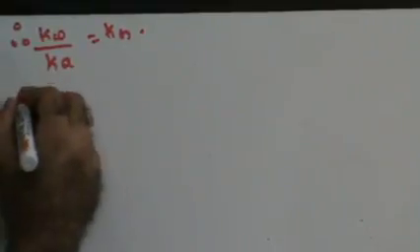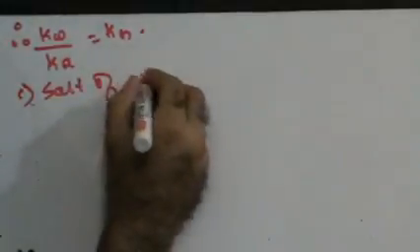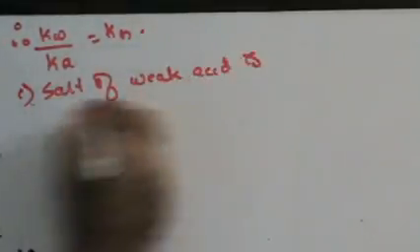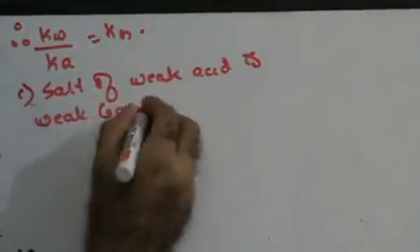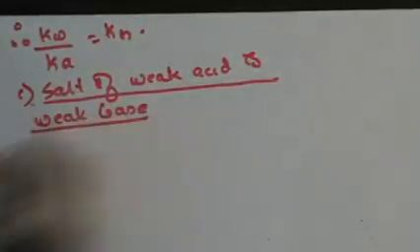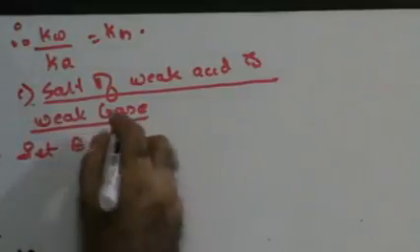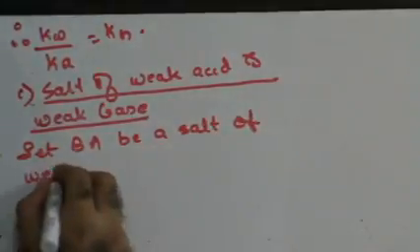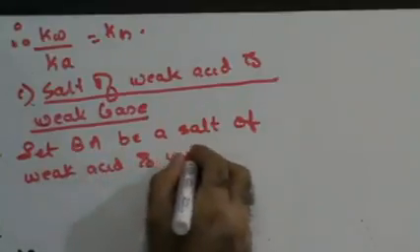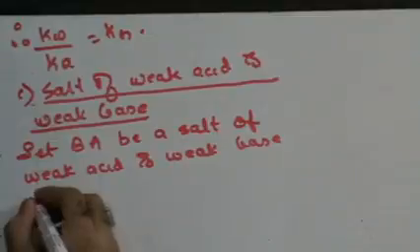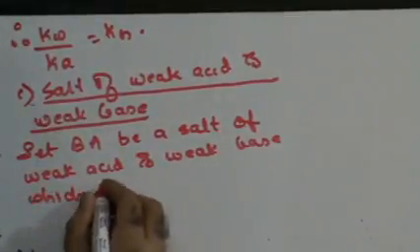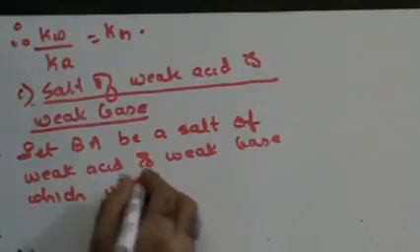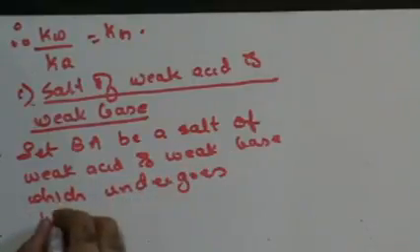Now let us consider a salt of weak acid and weak base. Let BA be a salt of weak acid and weak base, which undergoes hydrolysis.